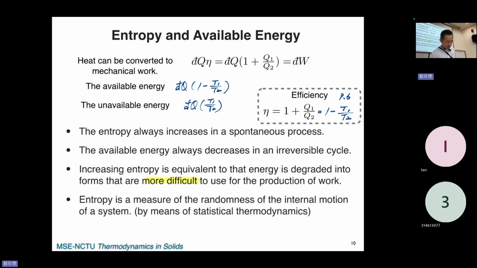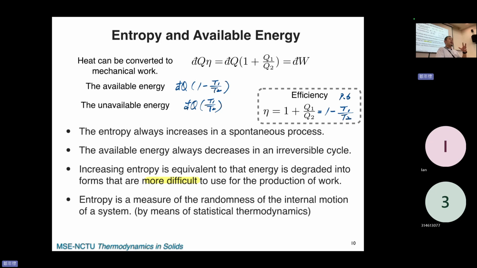So entropy is a measurement of randomness, internal motion. So you can imagine that you have particles, right? And if you put the particles into a container, they will freely expand, and then you will find that it will always go into a random situation.